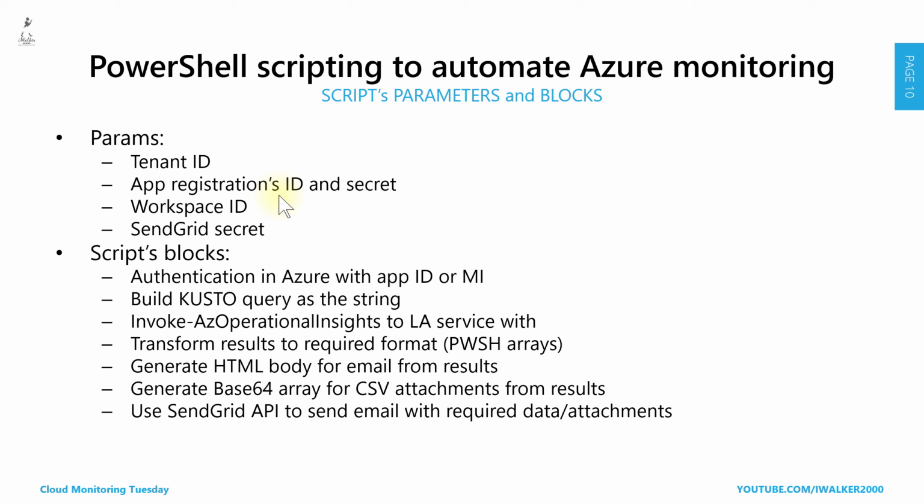But in the case of managed identity, you just pass the ID of this identity, and the Azure Automation account, if it's configured correctly, will do all the other stuff.